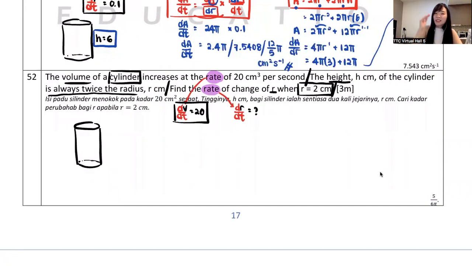So guys, they say the height is always twice the radius. Height is here, radius is here. A lot of students make mistakes because they start to think, oh, you are double of me, I am half of you. You better don't think like that. Based on my 17 years of experience, students always make mistakes when they think this one is double of that one, then they write wrongly.